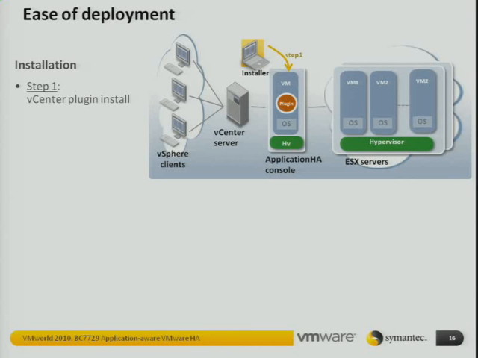So install is really two steps. The first step is to install the vCenter plugin, which you'll use to manage and visualize the application. You'll put that in one of the VMs. We call it the App HA console server. The next step is to install the guest components that go inside every virtual machine where you want application HA. The installer is actually pretty smart.